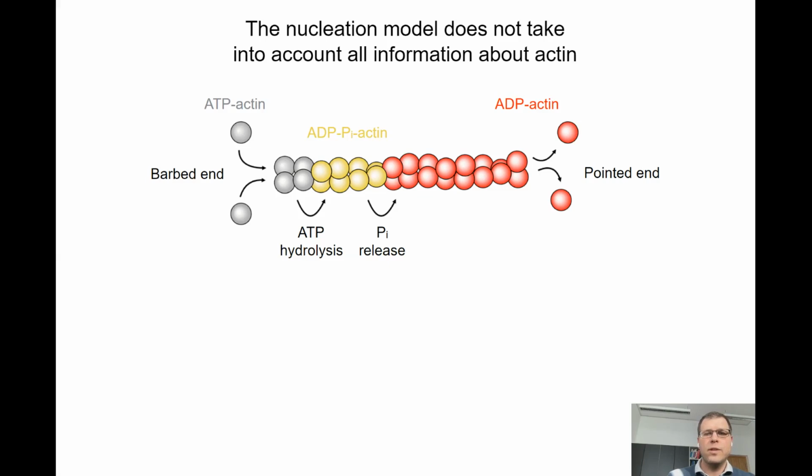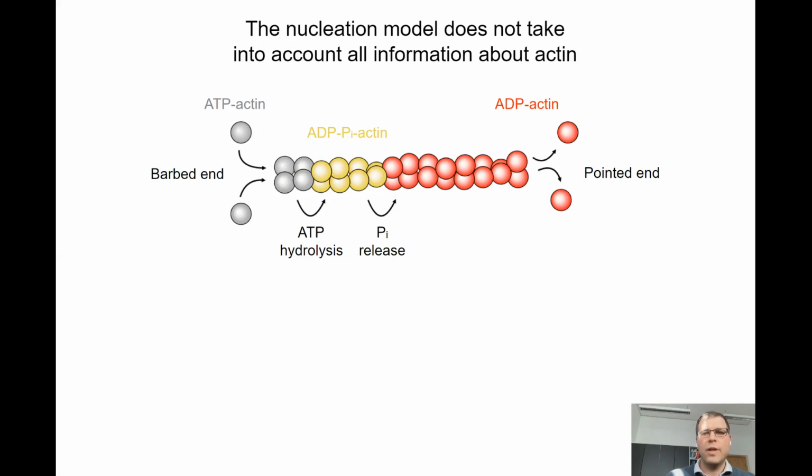And also, we know that actin is an ATPase, which means usually ATP actin gets preferentially incorporated at the barbed end of the filament. And then once it's incorporated, it can cleave ATP into ADP and phosphate, and then later on release the phosphate. And the ADP actin then preferentially leaves the filament through the pointed end.